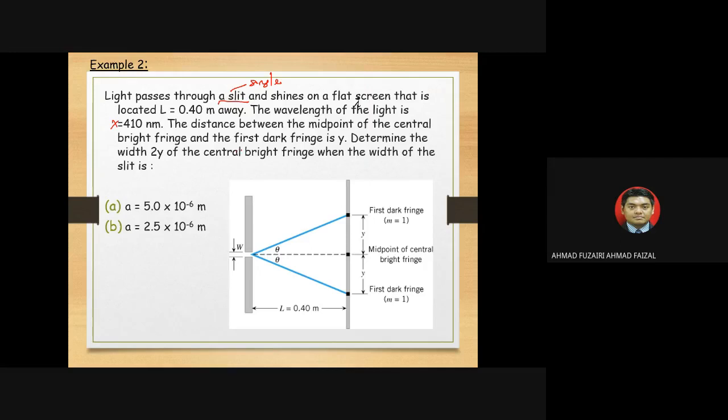This is the midpoint, and everything here is the central maximum. So from the midpoint to the first dark spot is half of the central maximum, which is y. Determine the width 2y of the central bright fringe when the width of the slit is a equals 5 times 10 to the power of negative 6 meters, and b, 2.5 times 10 to the power of negative 6 meters.